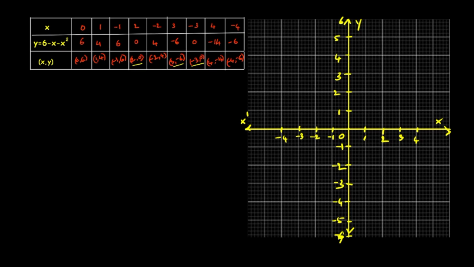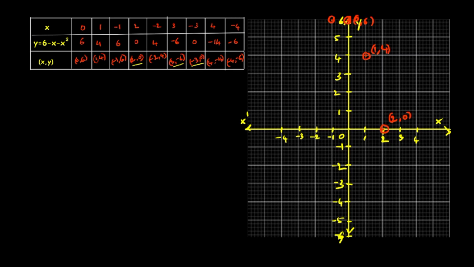Now we should plot these points. The first point is 0, 6: x-axis 0, y-axis 6 is the point we get on the y-axis. This is 0, 6. The next one is 1, 4: x-axis 1, y-axis 4, both are intersected at this point. This is 1, 4. The next is minus 1, 6: x-axis minus 1, y-axis plus 6, the point is here, minus 1, 6. Next 2, 0 is the point: x-axis 2, y-axis 0.